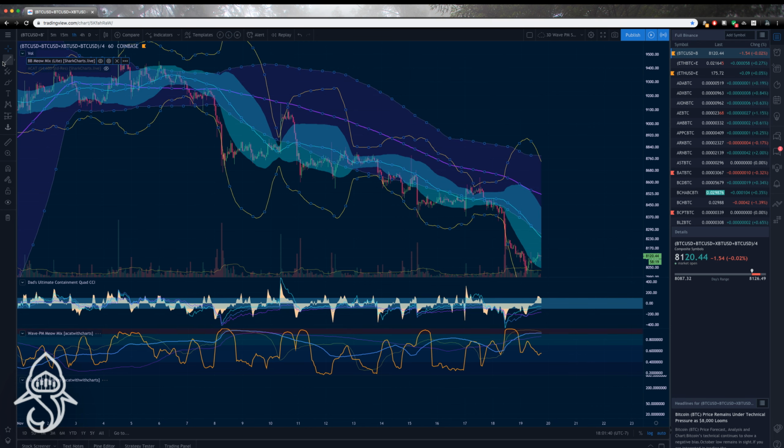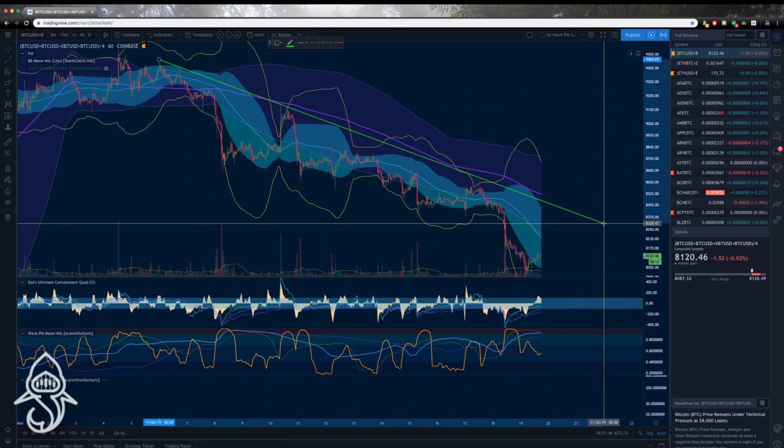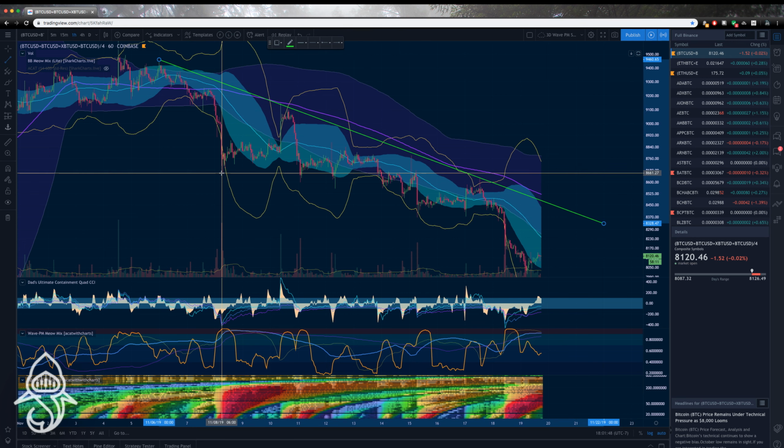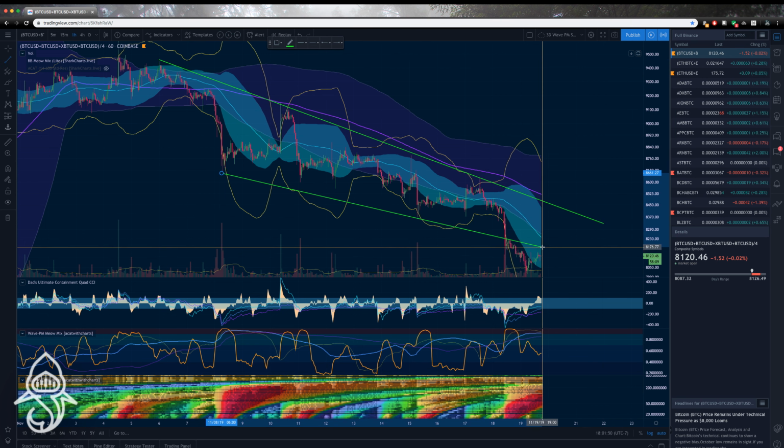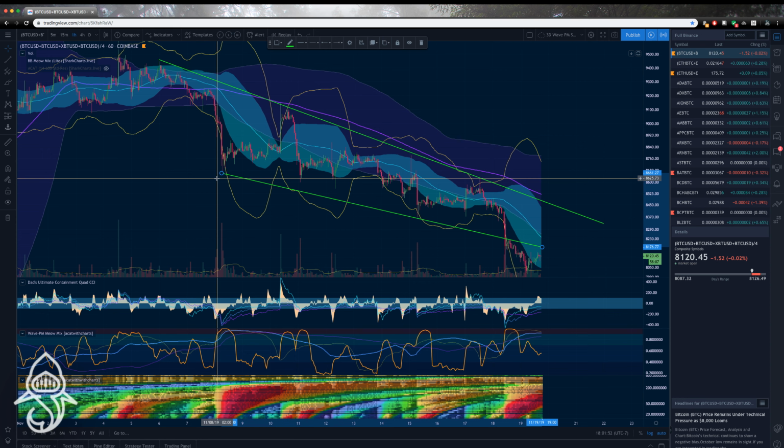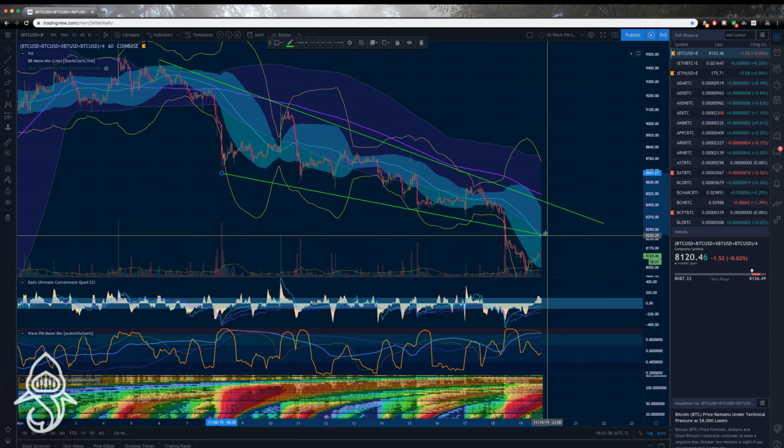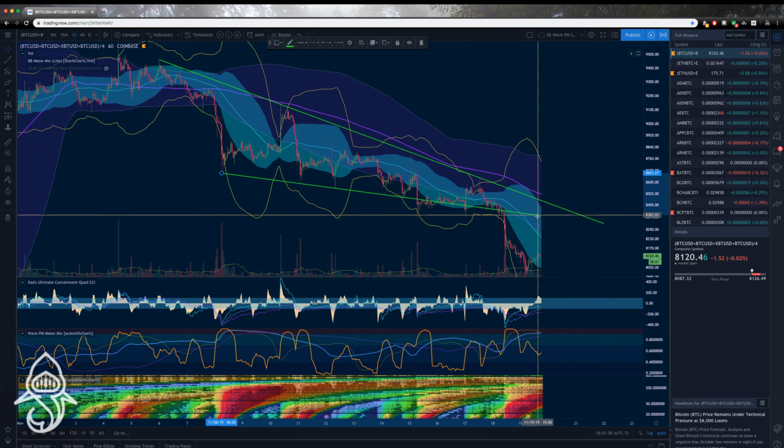So if we take a look at this channel that everybody's been drawing, with the super obvious swing highs and the super obvious swing lows, can we assume that's a broken trend line?